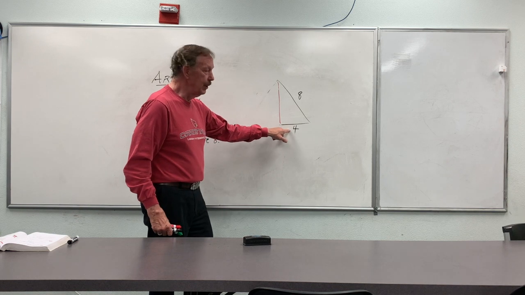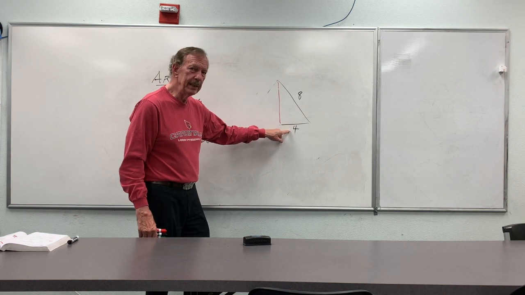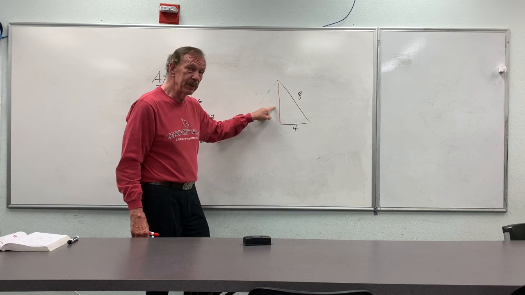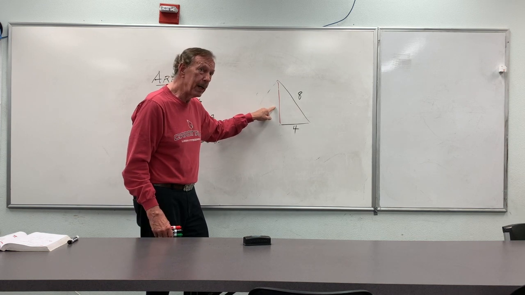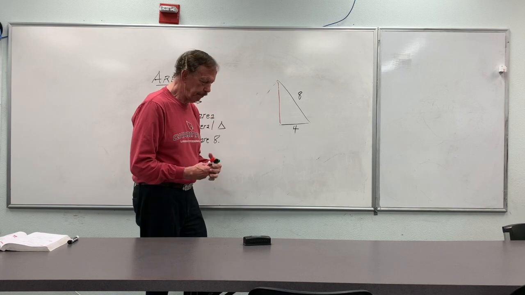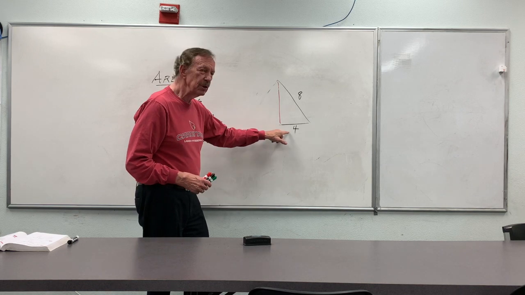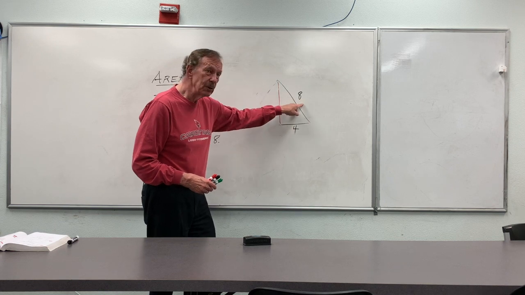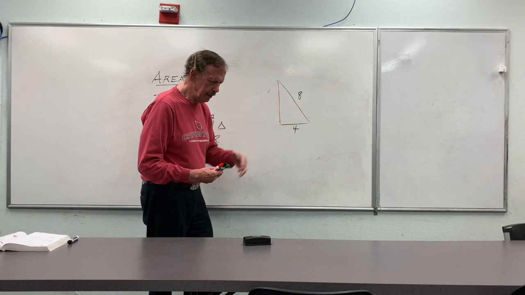Remember, this is the piece that would be 1, this is the piece that would be 2, and this is the piece that would be the square root of 3. But this piece isn't 1, this piece is 4, this piece isn't 2, it's 8.